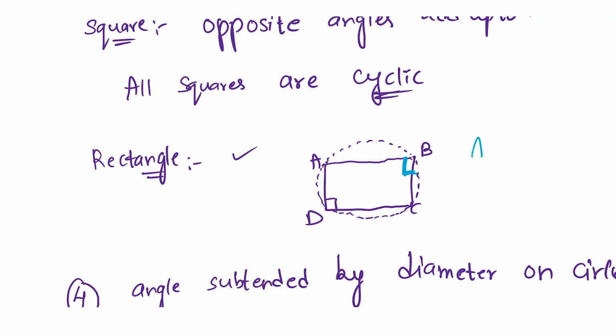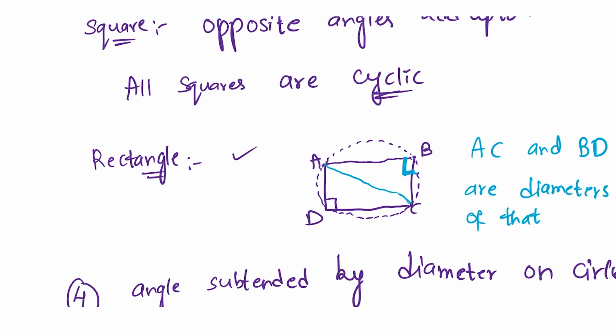What can you say about AC and BD? They are the same, but what are they exactly? How are they related to that circle? They are subtended by a diameter. So AC and BD become diameters of that circle.